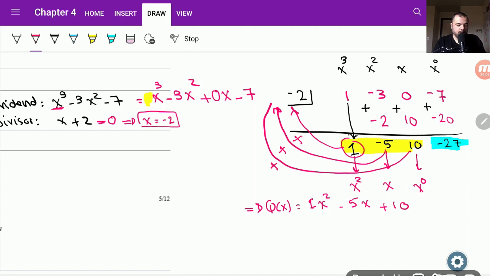Remember, the quotient always has a degree less than the dividend. And what is the remainder? The remainder is negative 27.